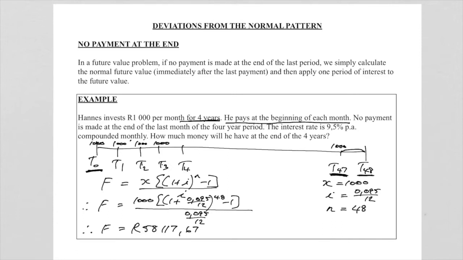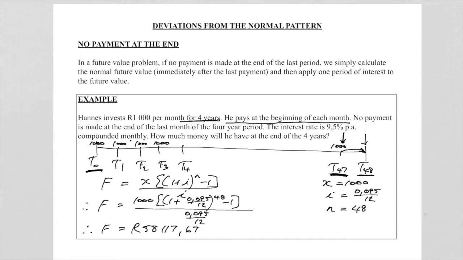You will hopefully agree with me that we are not finished with this question, because we now have the future value at T47. That is where we have the future value. But we want the future value right at the end of the 4 years.